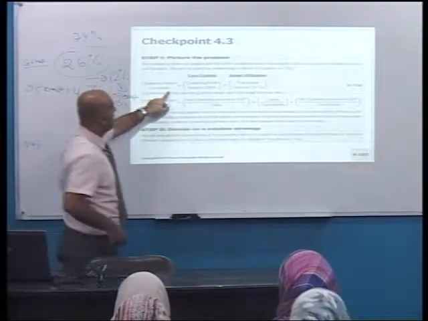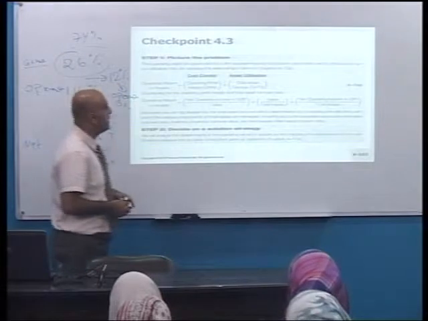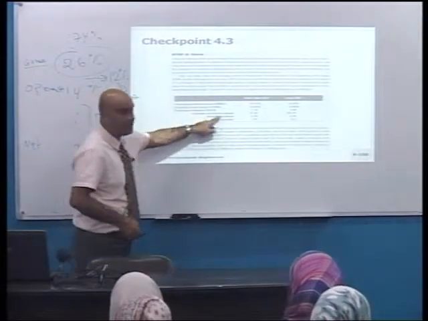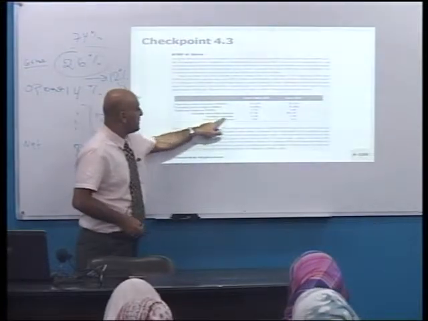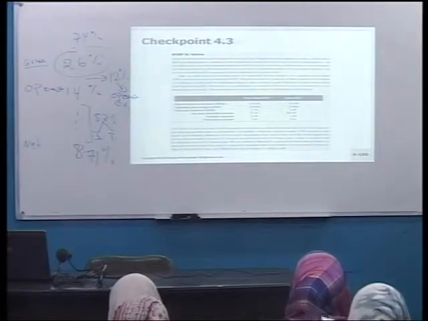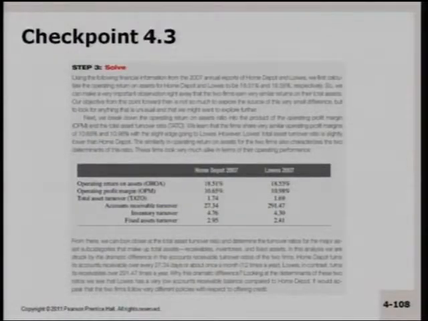The operating return on assets is the operating profit margin times the total asset turnover, and you have the account receivable turnover, the inventory turnover and the fixed asset turnover. Just apply the previous equations on this, and then you judge on the results. Look at the results. Take 1 minute to look at the results.